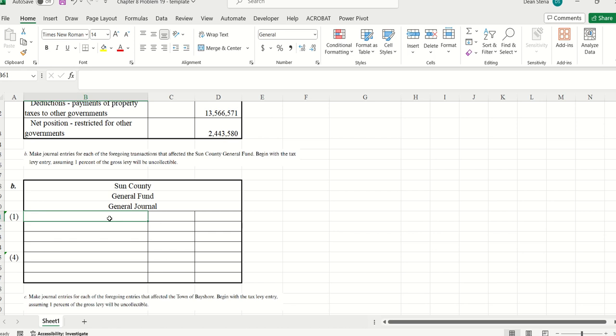So let's do some more journal entries because they are so much fun, right? So the ones that would affect the general fund would be the taxes receivable, and this is current.